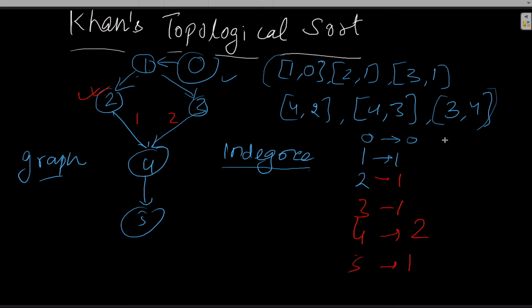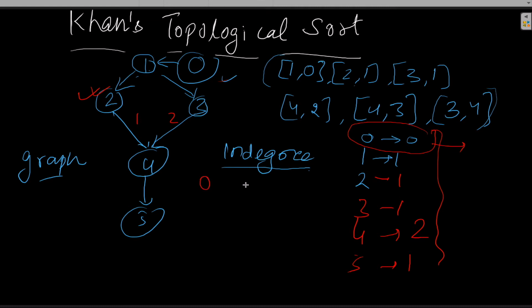So this will be the in-degree. Now what we are going to do is first traverse the nodes which have 0 dependency, which means 0 in-degree. In this case, node number 0 has no dependencies, so we can start from that node.